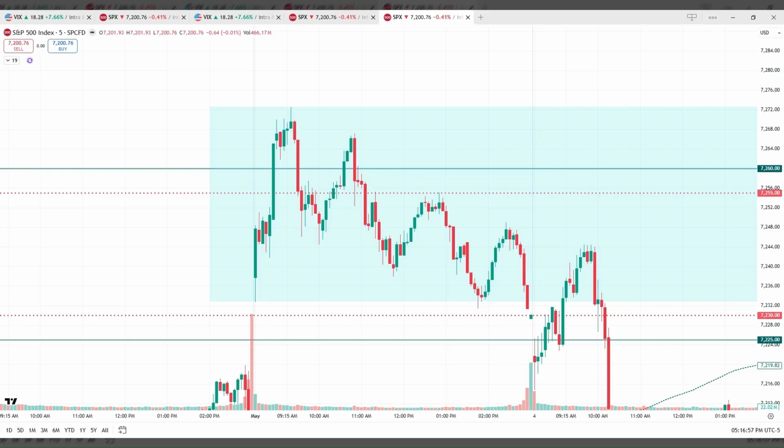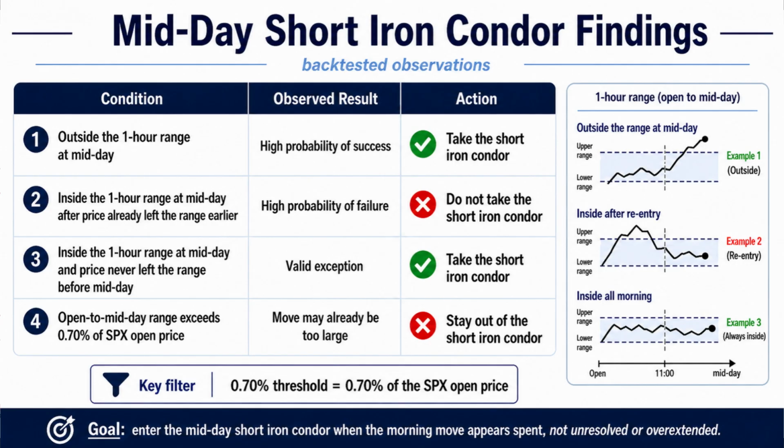So I've been exploring some additional filters regarding the short iron condor specifically. These filters are related to the first hour range, and they're going to help us determine if we should in fact go ahead and execute the trade at 11:45 Central Standard Time. And there are just a few things that stand out when I look over 150 or so occurrences over 2024 and 2025.